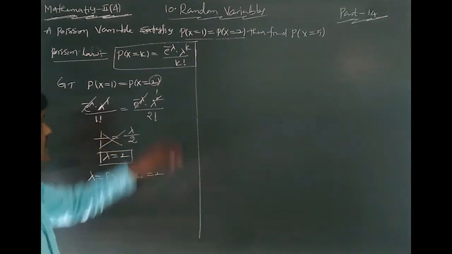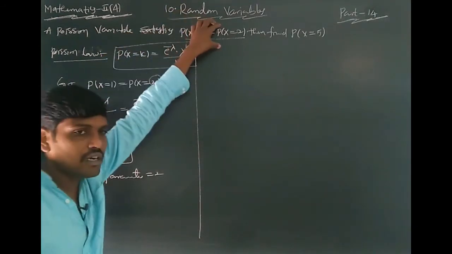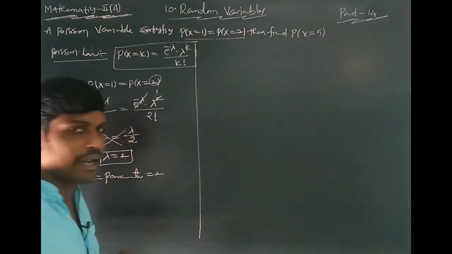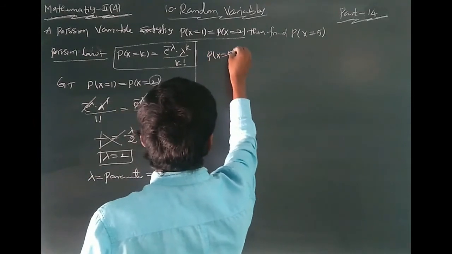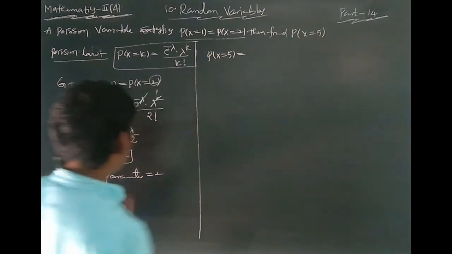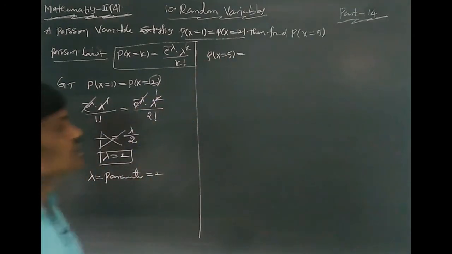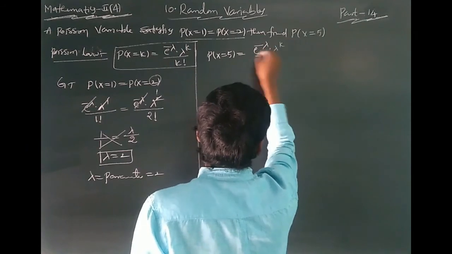This is the Poisson distribution formula. Using this formula and the given condition, you can find the probability. Here lambda is the parameter. After that, P of x equal to 5: in this formula, k value is 5 and lambda value is 2. e power minus lambda into lambda power k by k factorial.